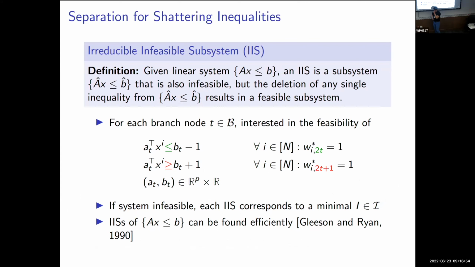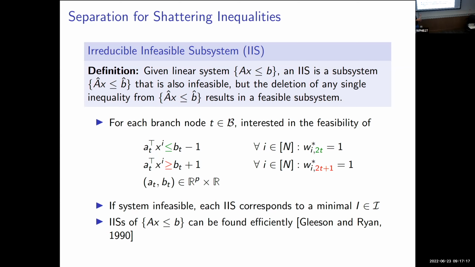So we're just going to review what IISs are, or irreducible infeasible subsystems. If you think about it, at each branch node of the tree, there is a linear system that we care about. It's the one with the pretty colors. Basically, given the prescribed routing, W is going to be fixed, we ask whether or not we can actually send some points left and some points right.